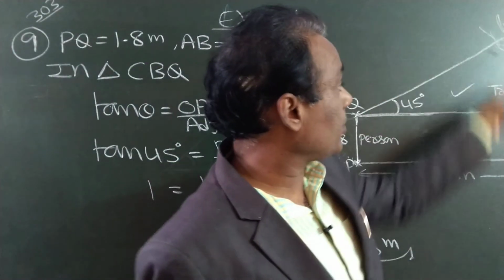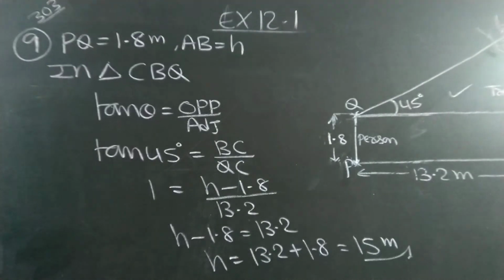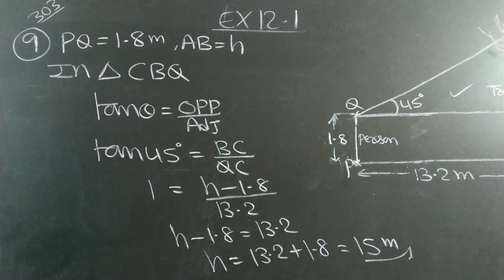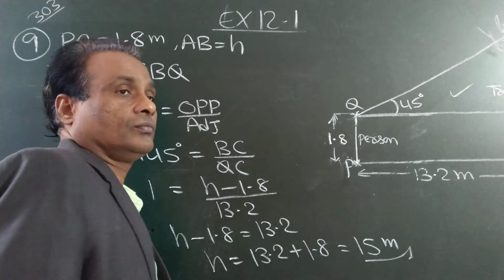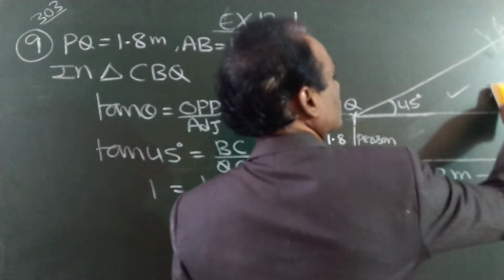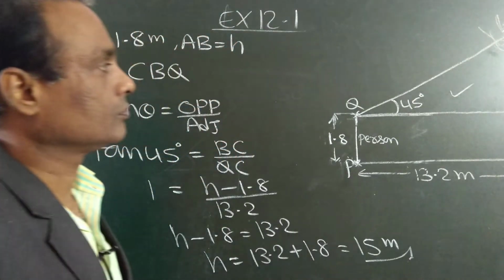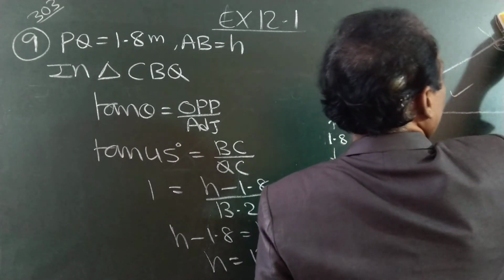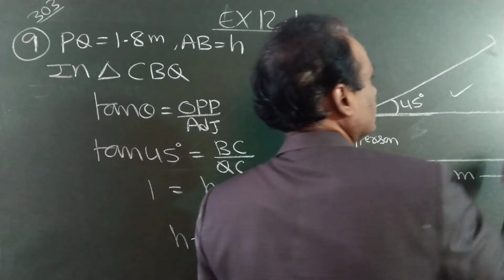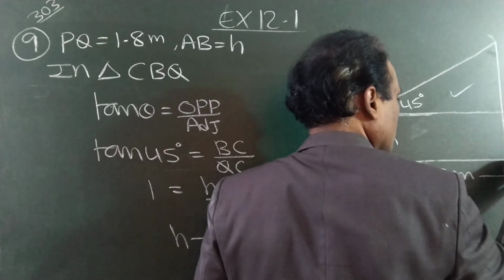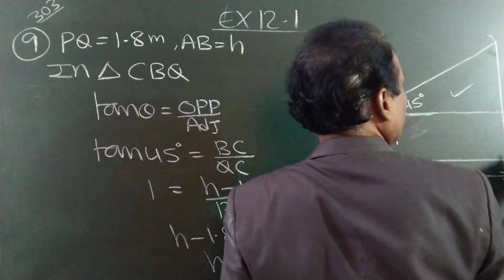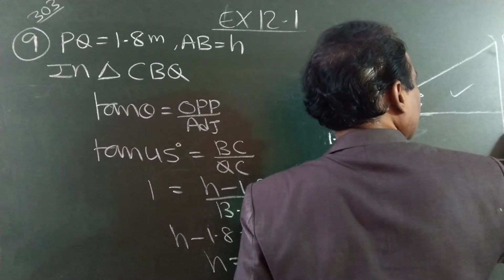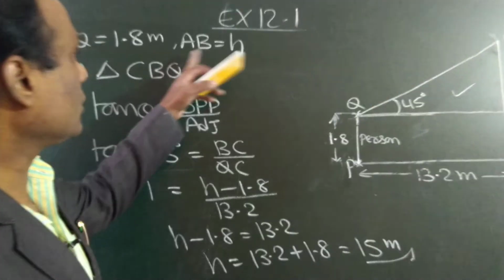Total height h. Let the height of the tree AB be equal to how much? H. See once again, AB is equal to h.